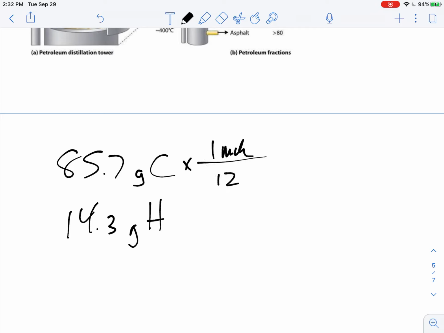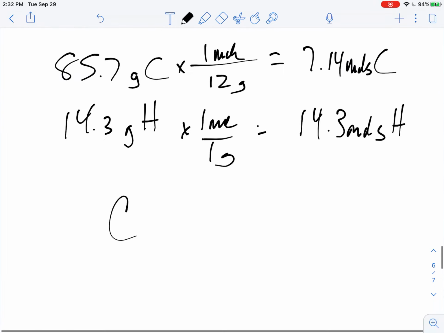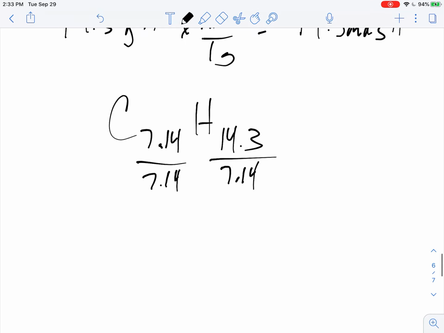And then I'm going to divide this by 12 grams, and this by 1 gram. And I end up with 14.3 moles of hydrogen and 7.14 moles of carbon. So your formula is carbon 7.14, hydrogen 14.3, but remember that's silly. So what you do instead is you divide by the smaller of the two numbers, 7.14, and you end up with a ratio of CH2.